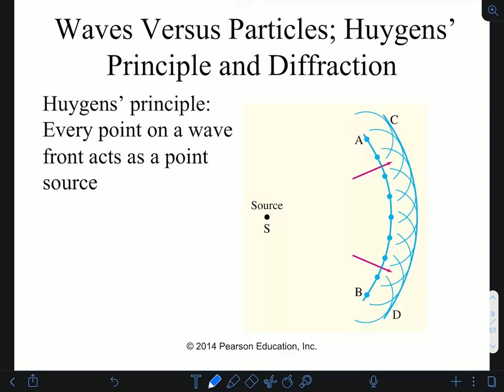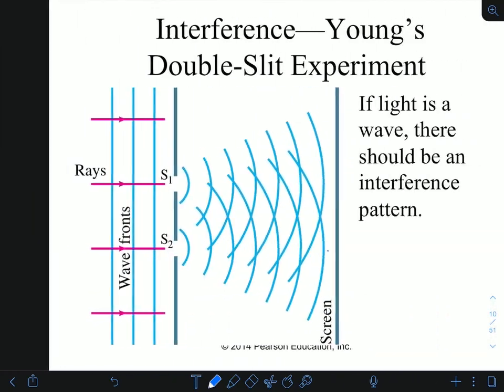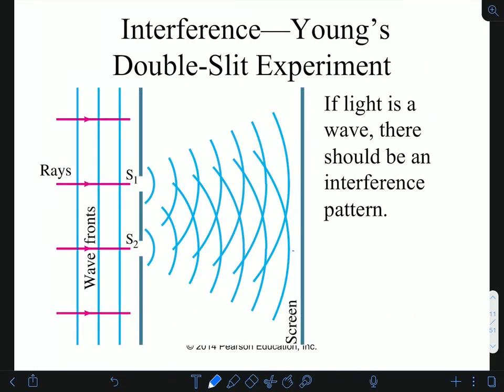One other principle before I come back to that idea of difference in path length is Huygens principle. That is that every point on a wavefront acts as a point source. What does that mean for our experiments? Suppose we have parallel rays coming in from a faraway source, and that means the wavefronts of light are perpendicular to that.